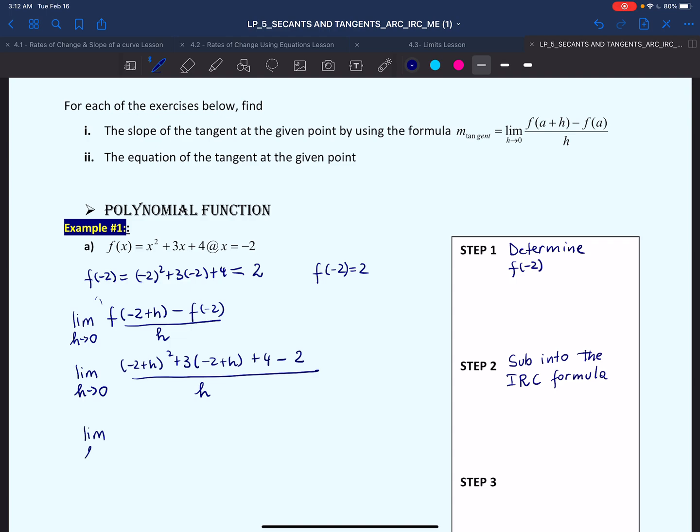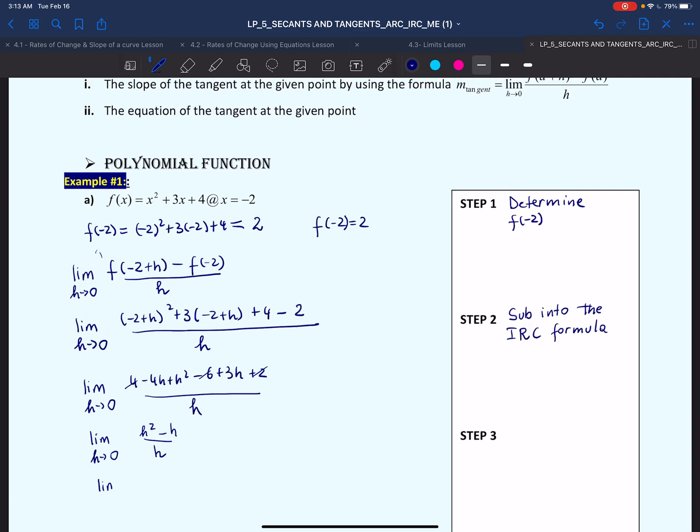That's the limit as h approaches 0 of 4 minus 4h plus h squared minus 6 plus 3h plus 2 over h. Or the limit as h approaches 0 of, 4, negative 6, and 2 will add to 0. We have the term h squared, negative 4h plus 3h is minus h, divided by h.